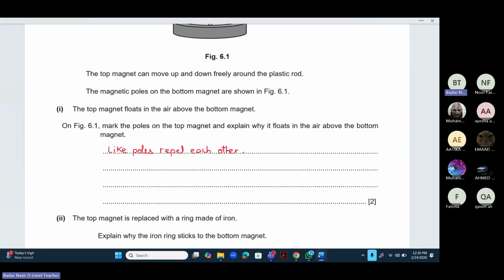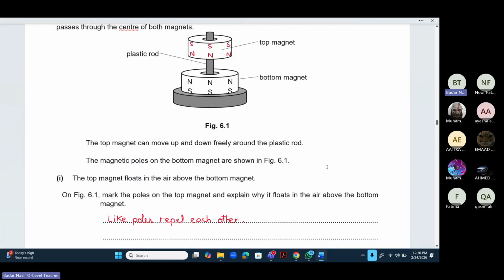Okay. फिर दूसरी बात आप उसको ये बता दो. Hence, bottom end of top magnet will also have a north pole. ठीक है?